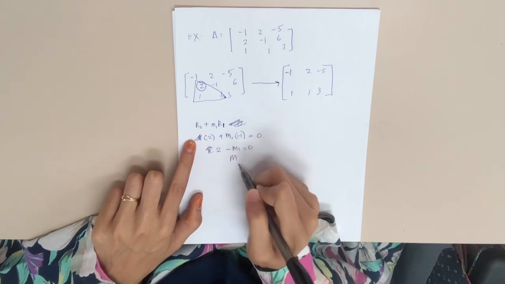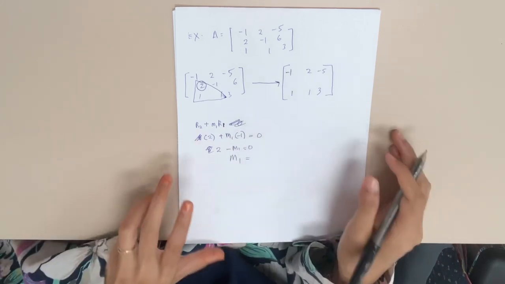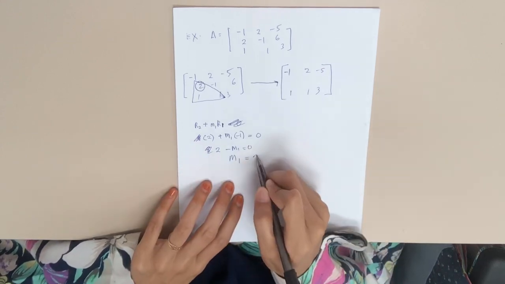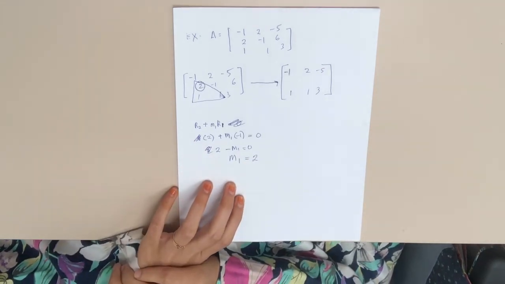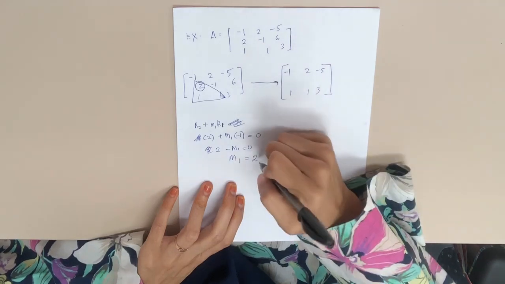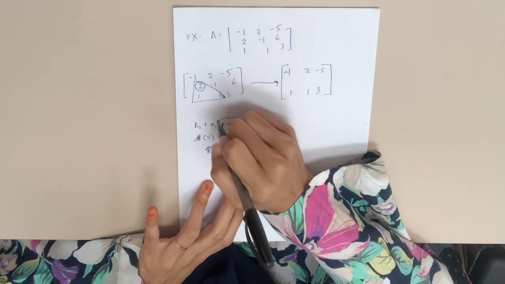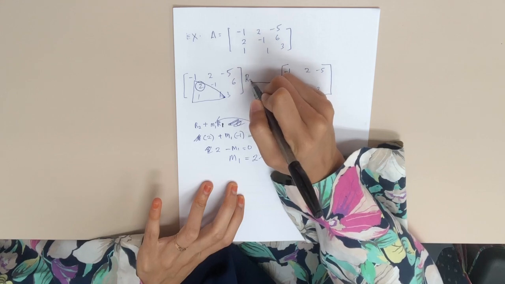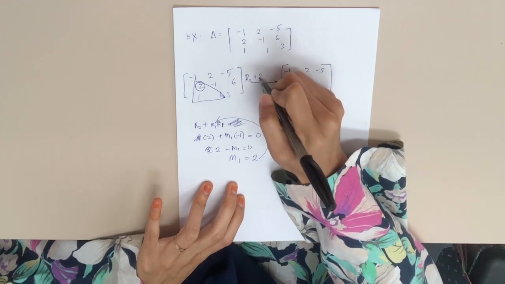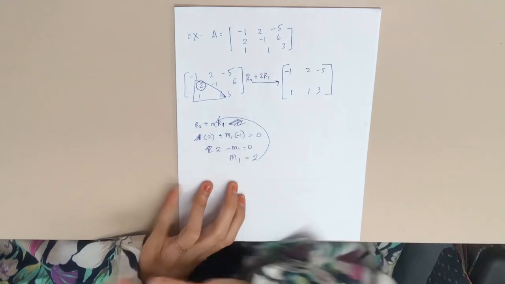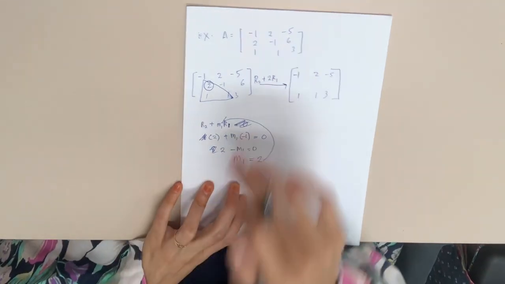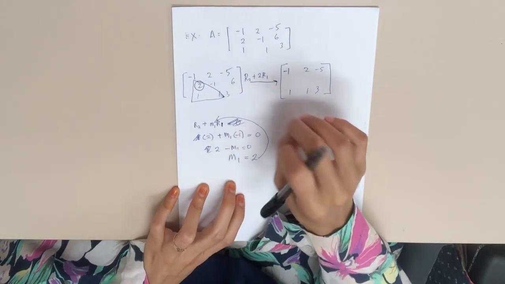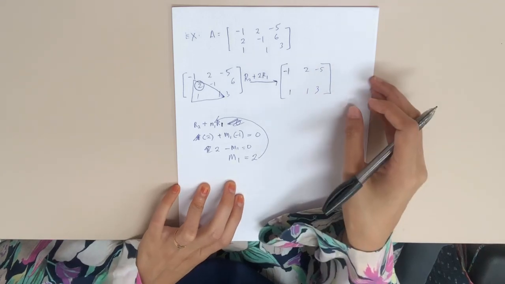So what is your M1? Your M1 is 2. Therefore you substitute back your M1 here, so this operation would be R2 plus 2R1.